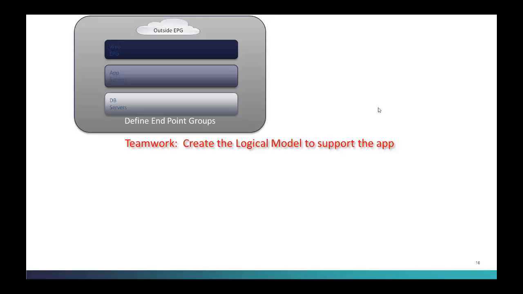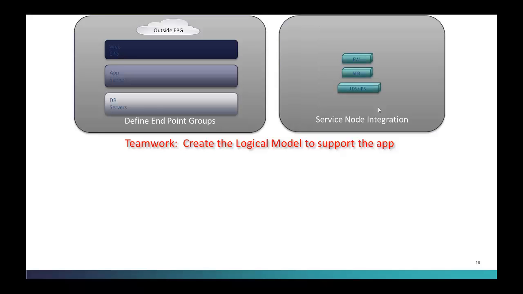Define what VXLANs are going to be part of them. What existing layer 4 to 7 devices have you got? How many firewalls have you got? Do they need clustering? How many load balancers have you got? Same old questions. These need to obviously be integrated into the fabric as well. How are they going to relate and depend on the other endpoint groups?